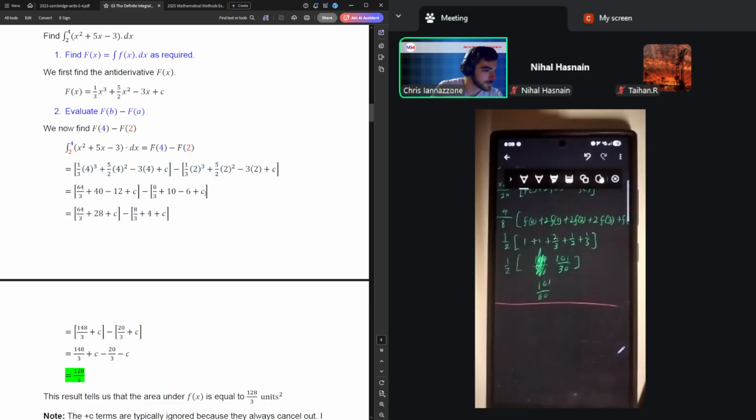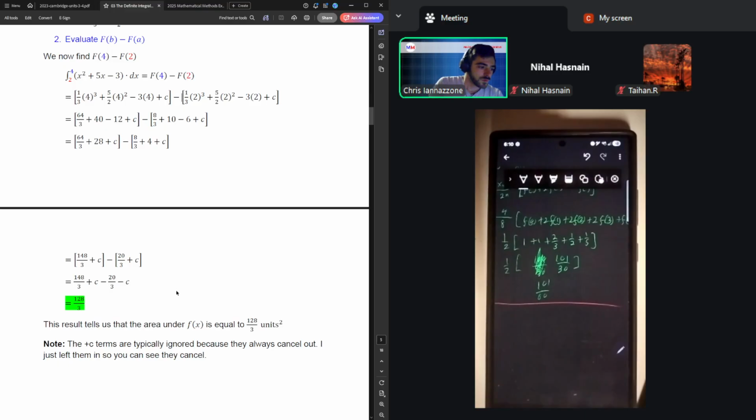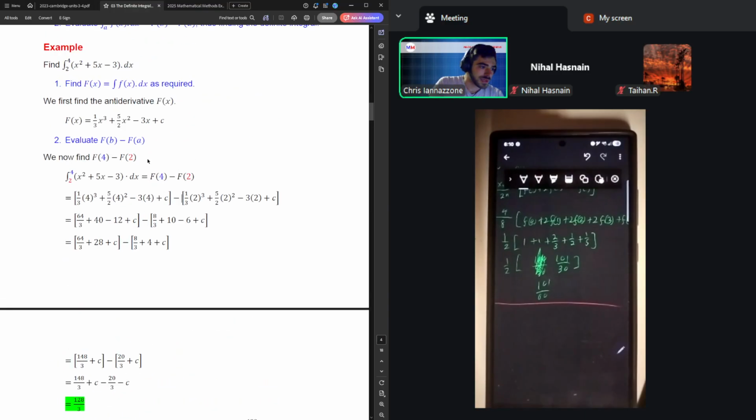That's basically it. And what you'll notice is that the plus c terms will end up cancelling themselves out because of that subtraction. This will always happen no matter what order you do this in. Whether you do F2 take F4 or F4 take F2, they both have plus c, so it's always going to cancel out. For that reason, every time you see working out on this, they just neglect to put the plus c in there.